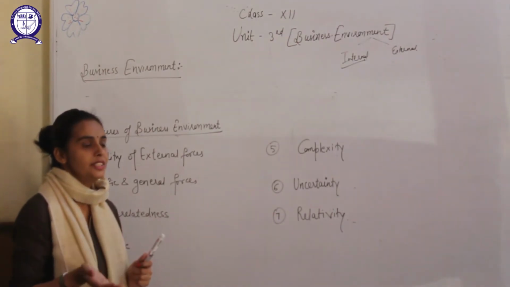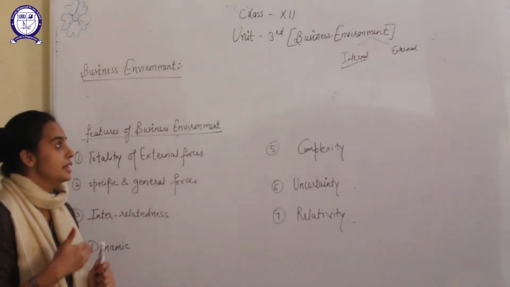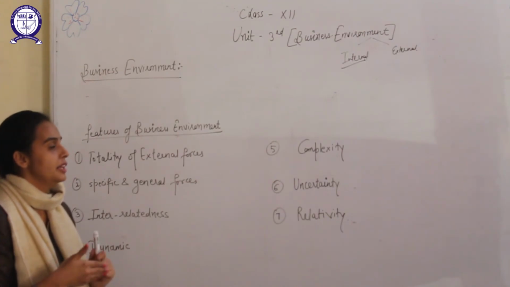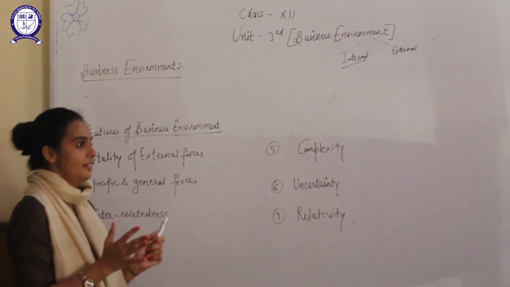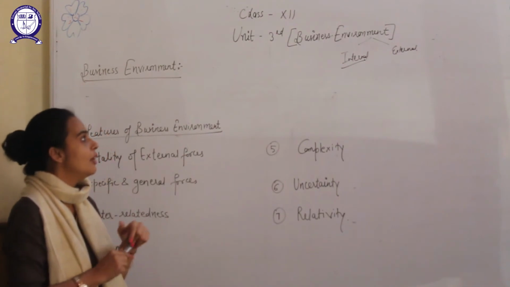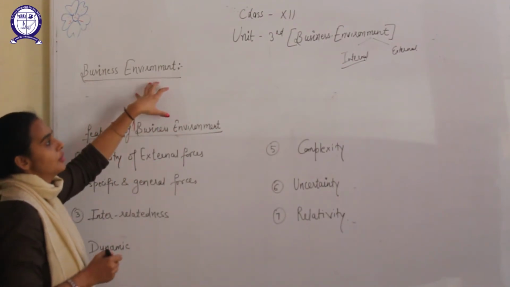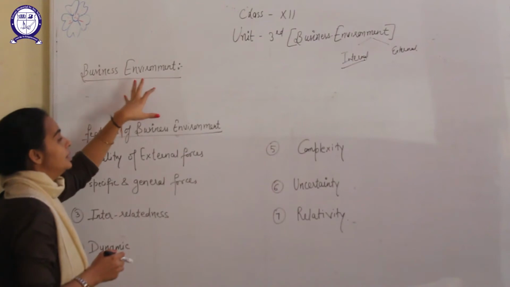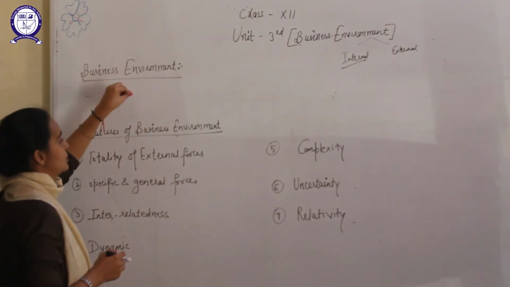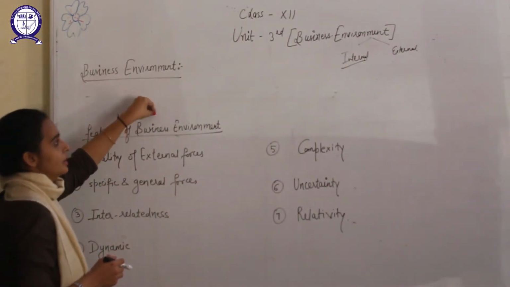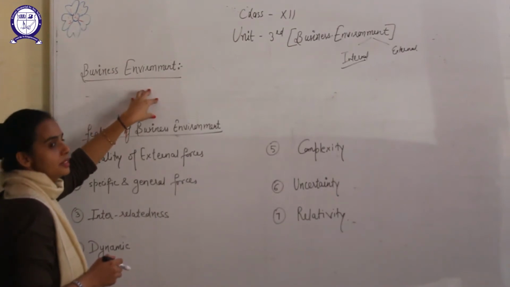Clear? If the government changes, if customer taste changes, these are the factors which affect the functioning or success of the organization. These factors affect the business directly or indirectly. Clear? This is known as business environment.